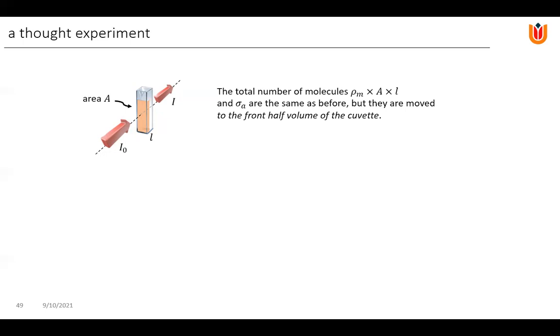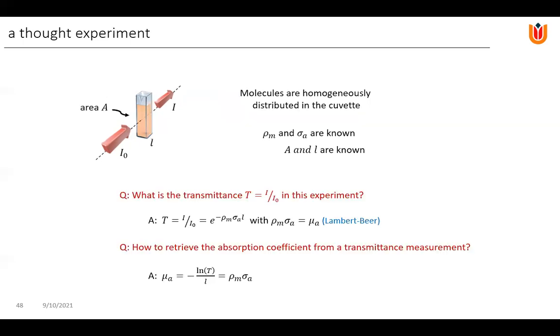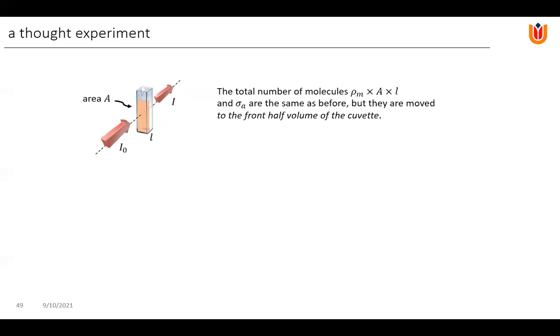The only thing I do is I move them to the front of the cuvette. Here they were beautifully arranged throughout the whole cuvette, and now somehow I managed to move them into the front half of the cuvette. Now the question, of course, is, I don't know the absorption coefficient. I'll do the same measurement. What will I measure?